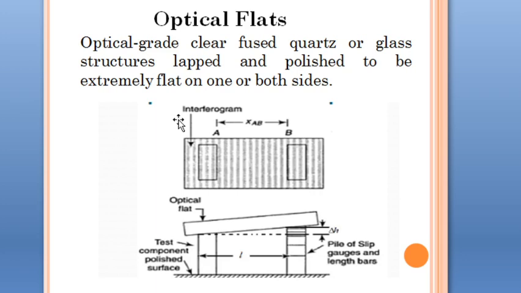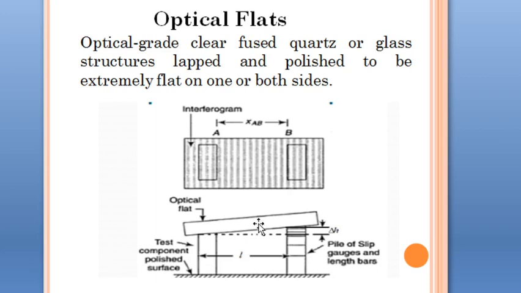An optical flat is used for measuring the ups and downs of roughness of a surface. It is optical grade clear fused quartz or glass, lapped and polished to be extremely flat on both sides.